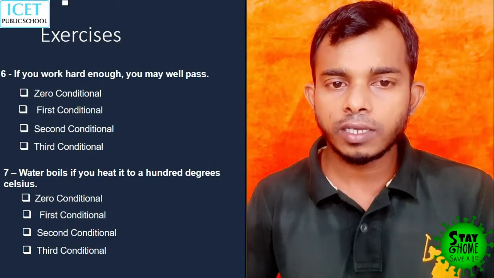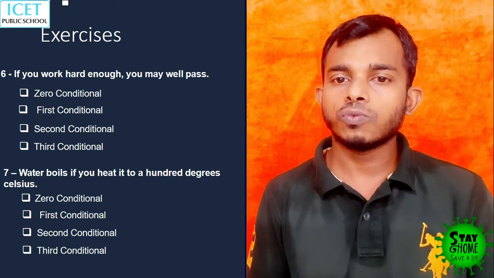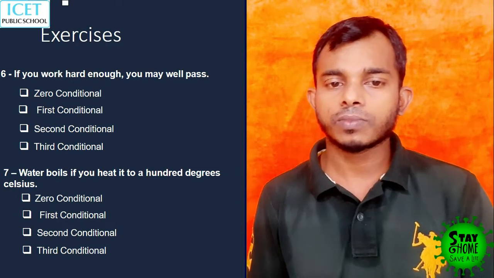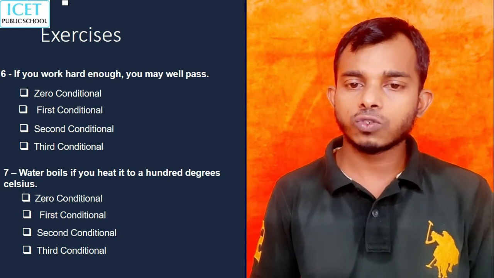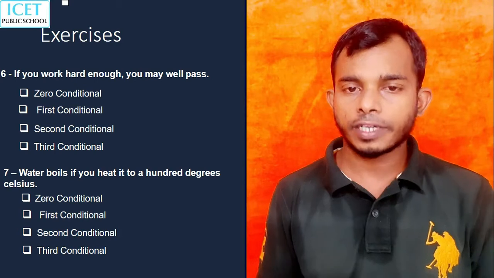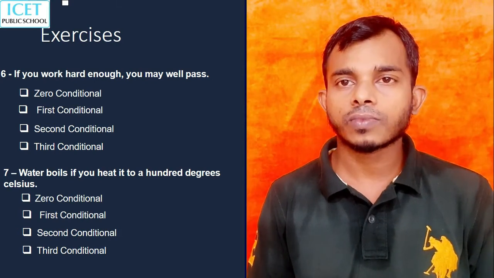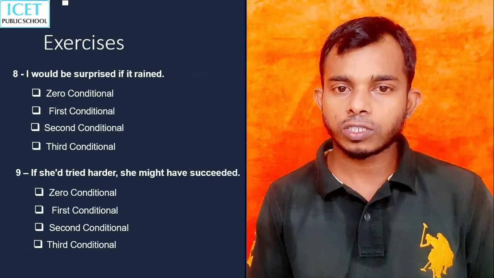And here, if you work hard enough, you may well pass. Seventh one, water boils if you heat it to 100 degrees Celsius. What type of sentence is this? Okay, I think you can pause the video and write.